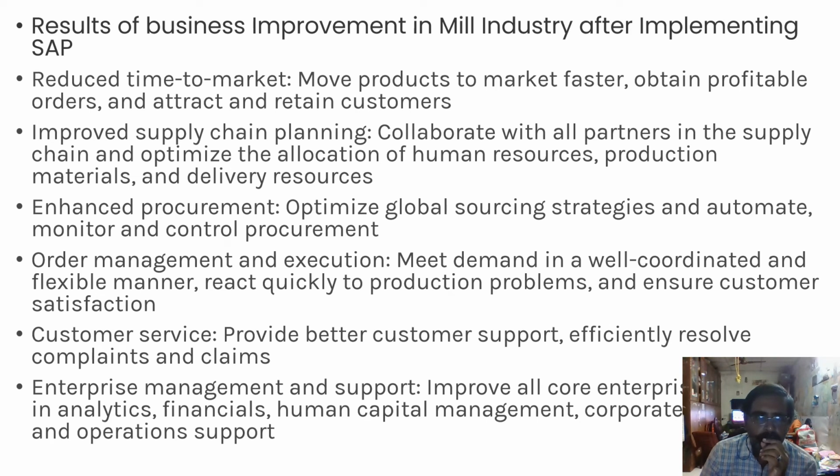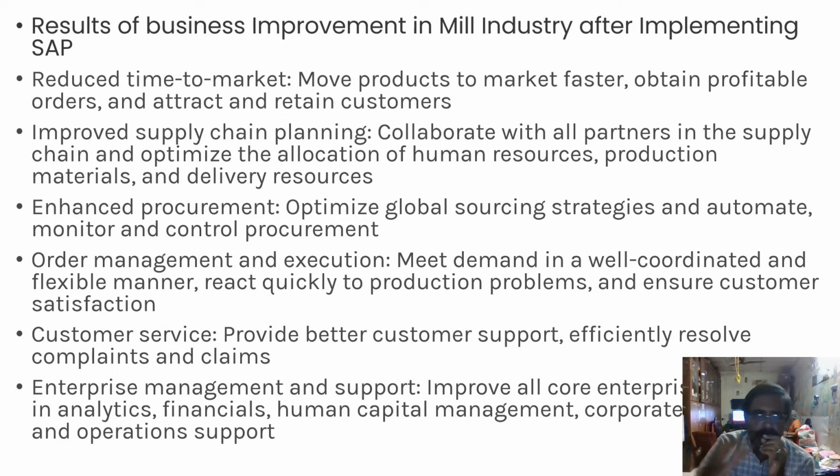So now, what are the results of implementing SAP in the mill industry or pulp industry? What are the business improvements in the mill industry after implementing SAP? So let's move on to the business improvement results.